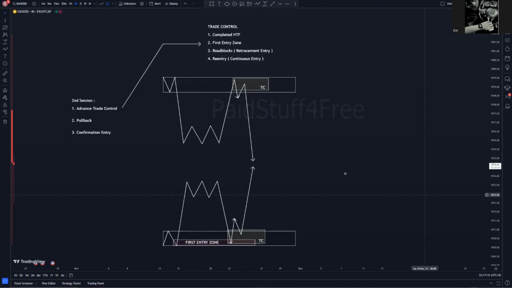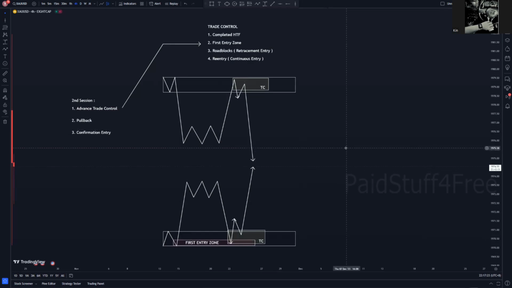All right, good. So for the first and the second one, there will be times where the price will tap the first entry zone and not fly, with no CE. How do we take advantage of those situations, or do we just miss? If the price doesn't create the TC, and inside the first entry zone there is no confirmation entry, maybe at that time there is news.